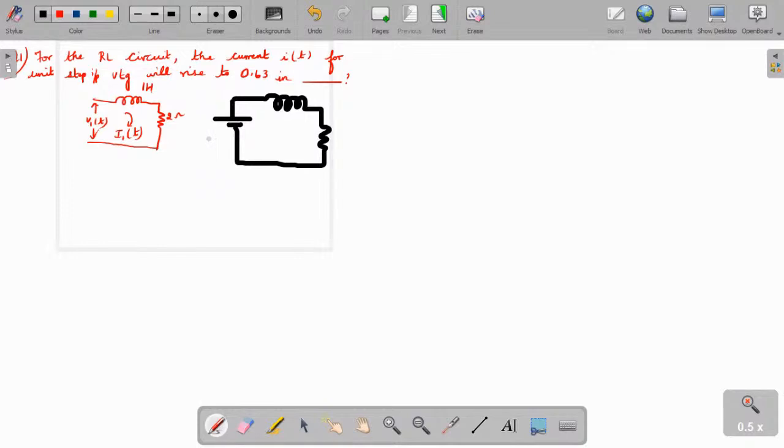So unit step means the amplitude is going to be 1 volt for t greater than 0. This is 1 Henry and this is 2 ohms, and the current is I of t.